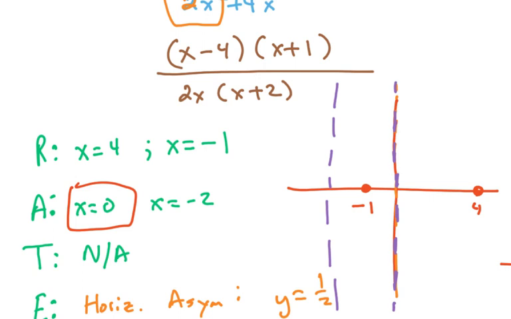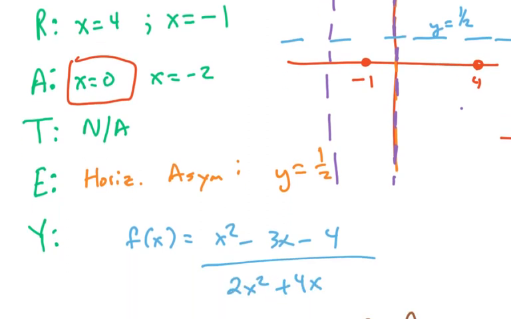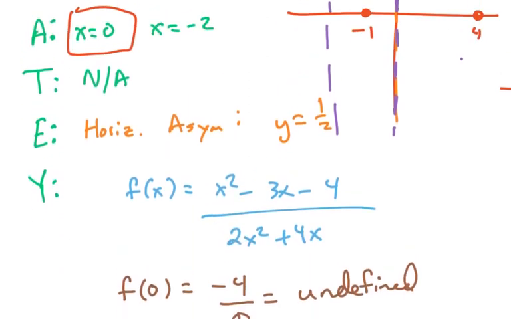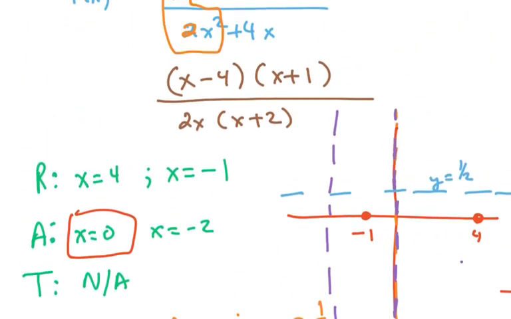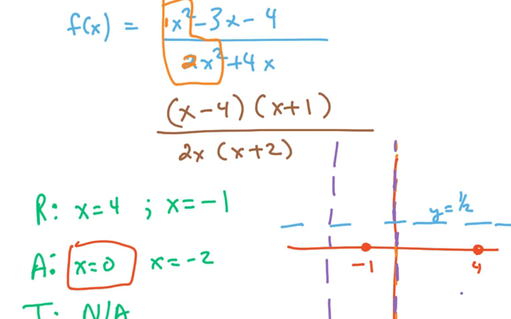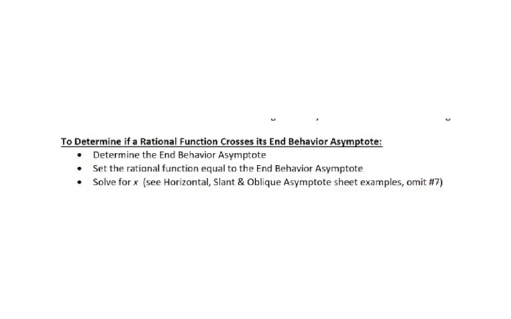Okay, and we know we have a horizontal asymptote at y equals 1/2. Okay, and that's pretty much it because we don't have a Y-intercept.